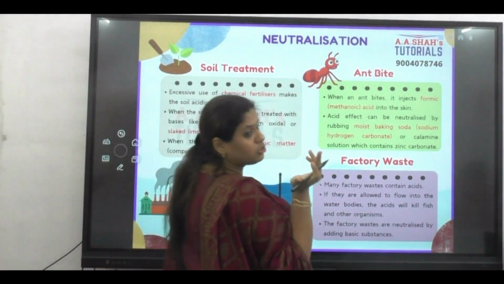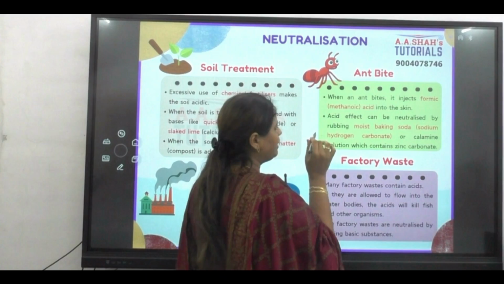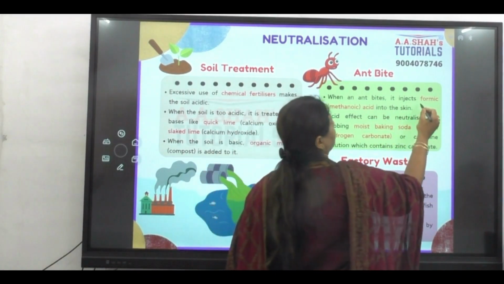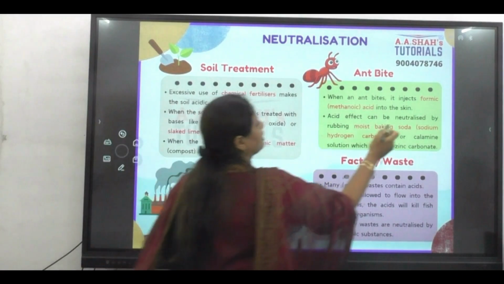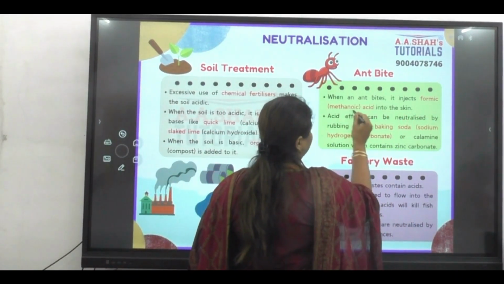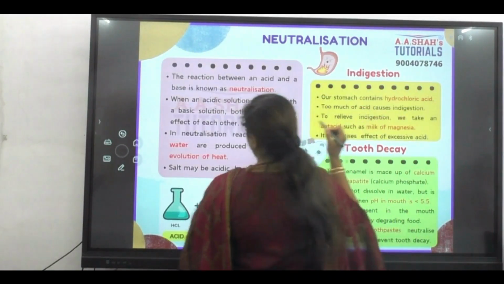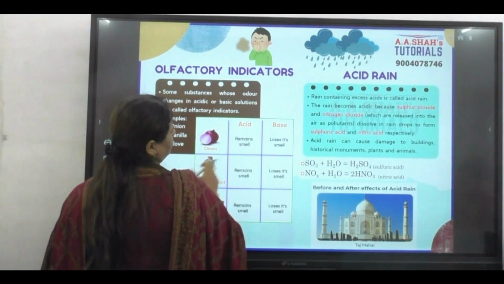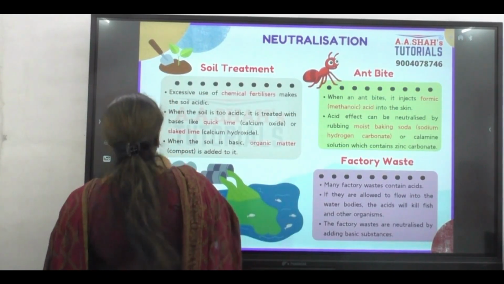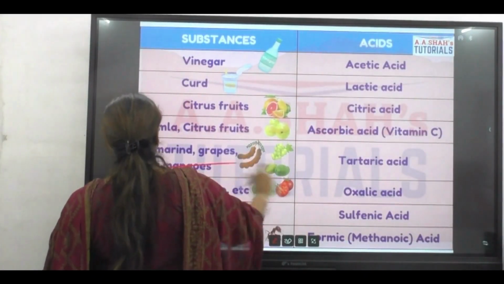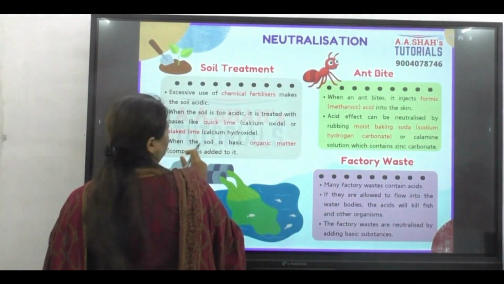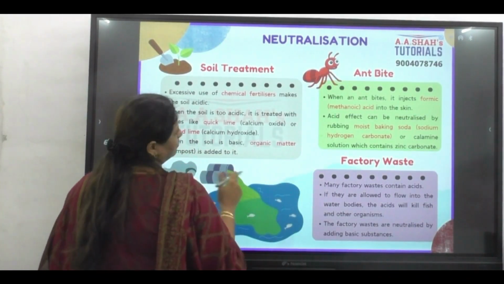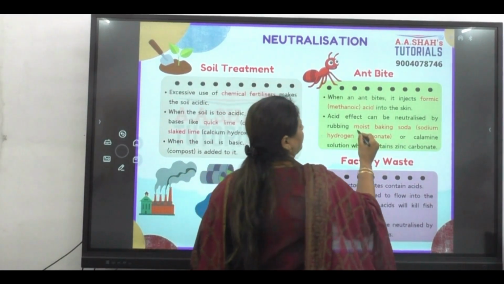Ant bite, we already saw. An ant bite results in the release of formic acid or methanoic acid, which can be neutralized with the help of a base. So whenever there is an ant bite and it's hurting you, what should you apply? Baking soda.